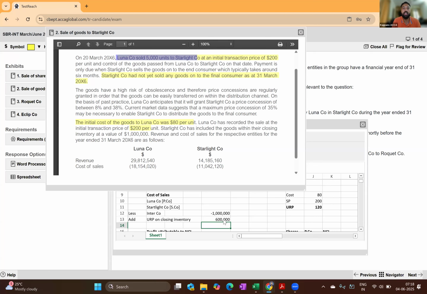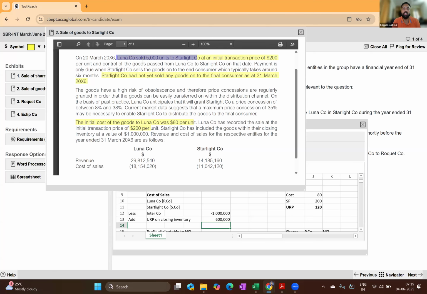But these four items are the normal thing that will always be in cost of sales in consolidated statement of P&L. Let's continue. Starlight Company has included goods within their closing inventory at a value of 1 million. Definitely yes, because Starlight has purchased this at $200 for 5,000 units. So 5,000 units into $200, 1 million will be the price that Starlight might have recorded.